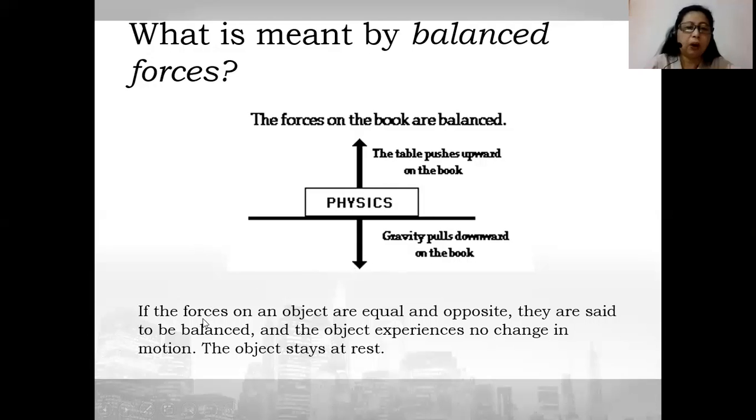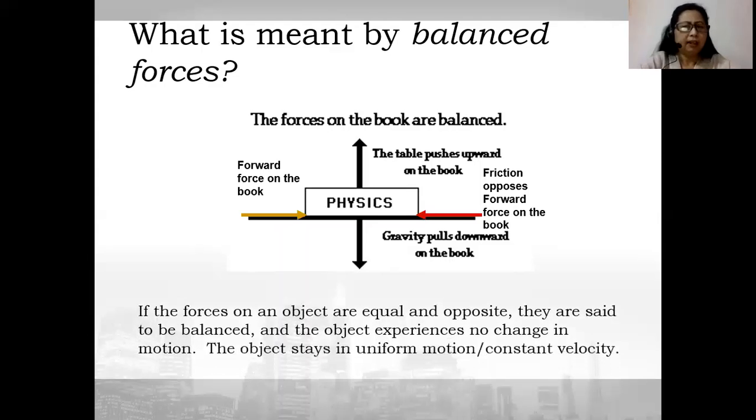So, if the forces on an object are equal in magnitude, equal length, if you represent it by arrows, and opposite in direction, they are said to be balanced, and the object experiences no change in motion. The object stays at rest.